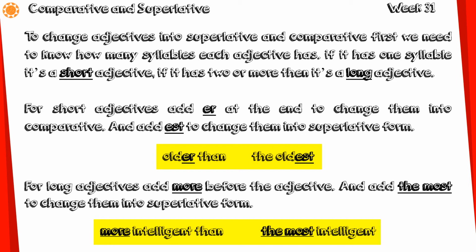For long adjectives, add more before the adjective. Add the most to change them into superlative. If you still have questions about this, please check the videos about comparative and superlative from weeks 36 and 35.